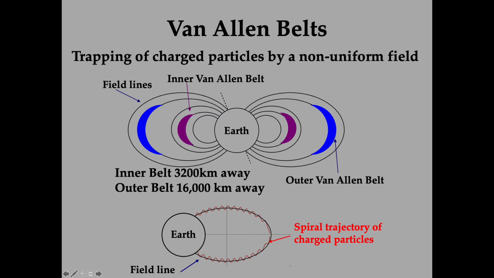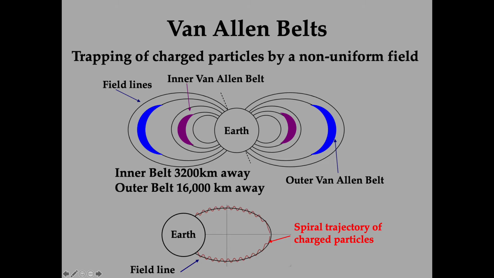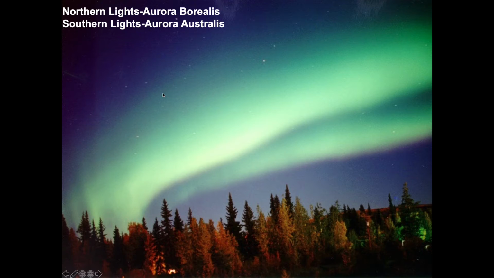Some of these particles will enter our atmosphere high above the Earth, and a lot of times they'll enter near the poles. The reason is that the force on them is essentially zero, because the direction of the magnetic field and the direction of the velocity vector are essentially parallel to each other.